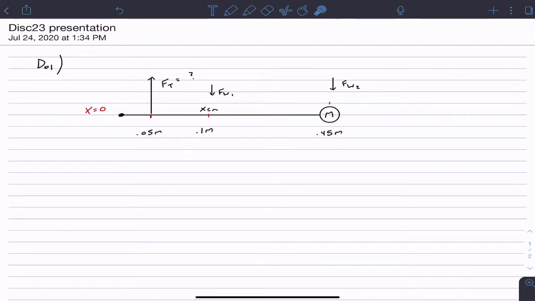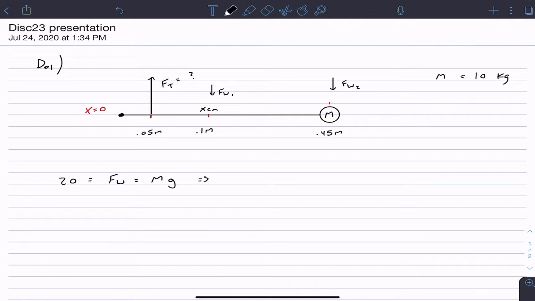You're holding a mass, and we are told that the mass is 10 kilograms. We're also told that the forearm weighs 20 newtons. So 20 newtons is your weight force, and we know that's equal to mg.